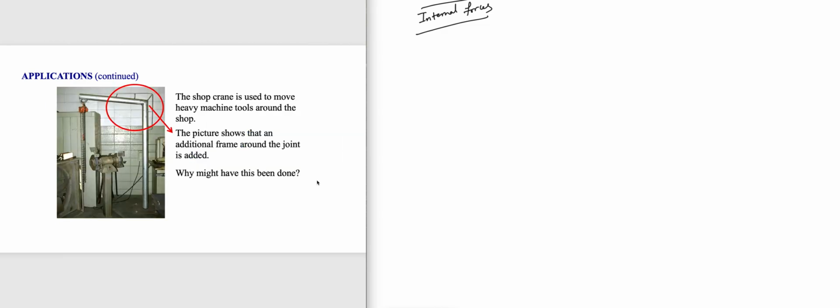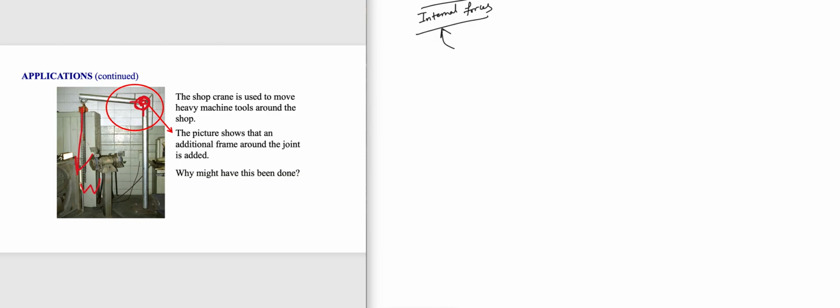Same sort of application here. Let's say you have weight W. As you keep increasing this weight W, what happens to this joint? Imagine this kind of external reinforcement is not present. That means this joint has more chance to fail.